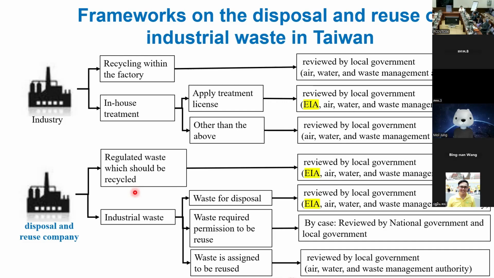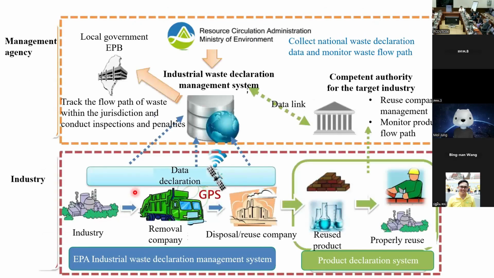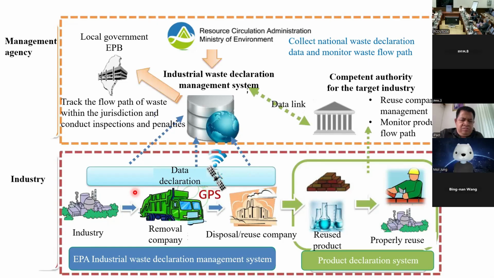And for waste disposal, the disposal facility and the processing license are managed by the local government. And for the monitoring, when you are shipping the waste between the industry and the removal company, the industry waste must be monitored and tracked. A critical component of this framework is tracking the waste flow path.